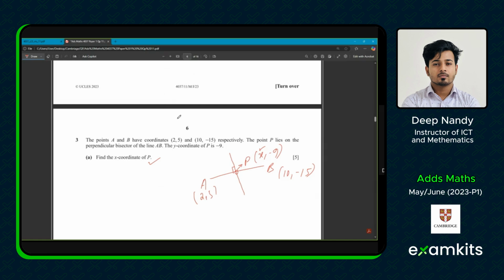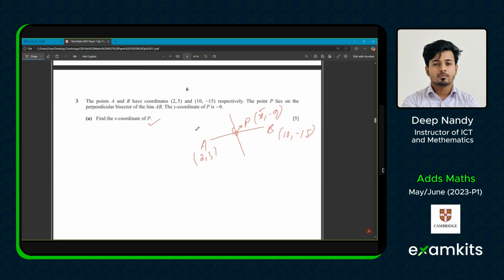For that, we're going to need to find the equation of the perpendicular line with x coordinate P. So we are trying to get the gradient of AB by the formula y2 minus y1 divided by x2 minus x1, putting in the values minus 15 minus 5 divided by 10 minus 2.